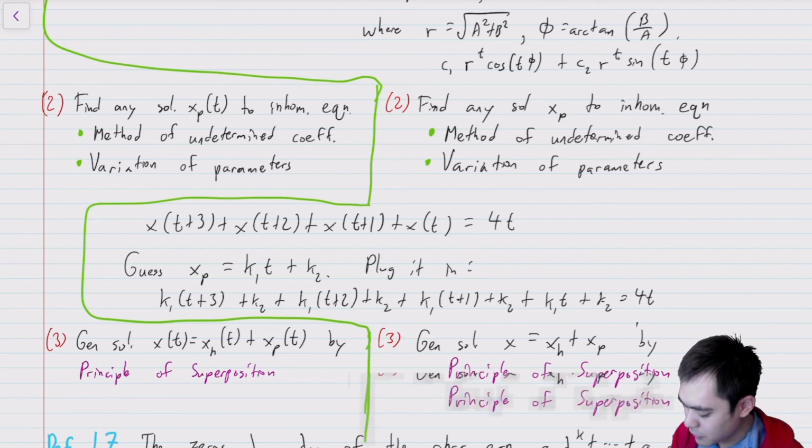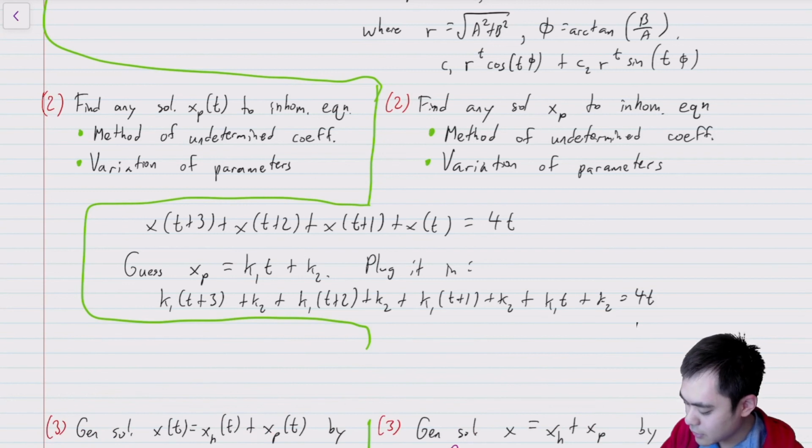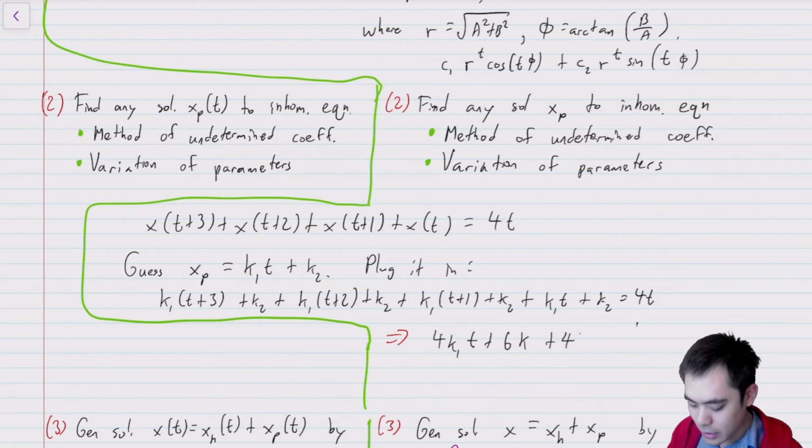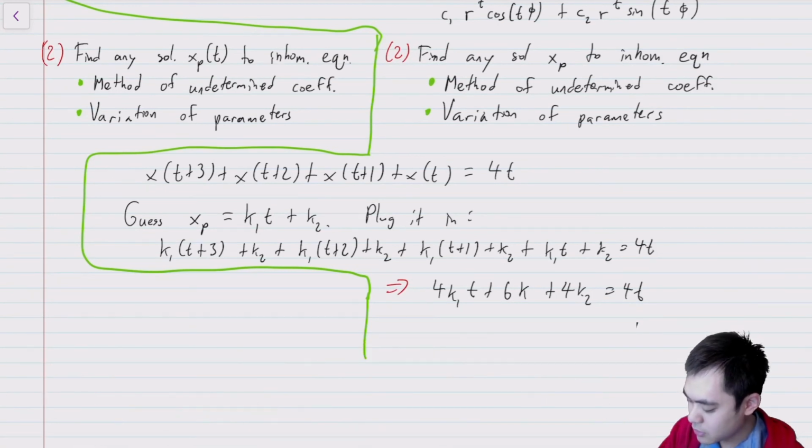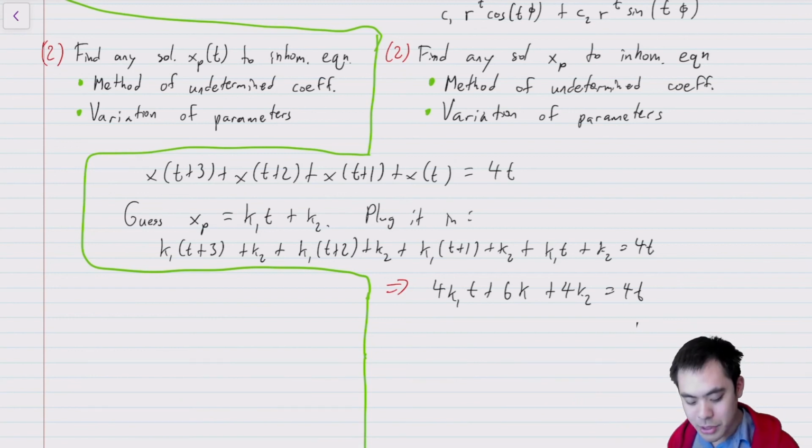If we simplify that a bit, that gives us 4k1t plus 6k1 plus 4k2 is equal to 4t. Sorry, I keep on running out of space. And if we equate the coefficients, what coefficients have t in them?